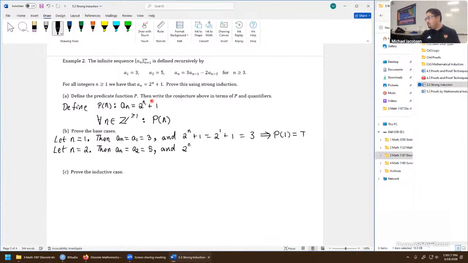This is 2 to the power n plus 1, which becomes 2 to the power 2 plus 1. But that's just 4 plus 1 resulting in 5. So there's a match on the left side and the right-hand side of that definition. Verifying the equation means P at 2 is true as well. So we're done. That's all we needed to show for base cases, that the statement is rooted in reality.